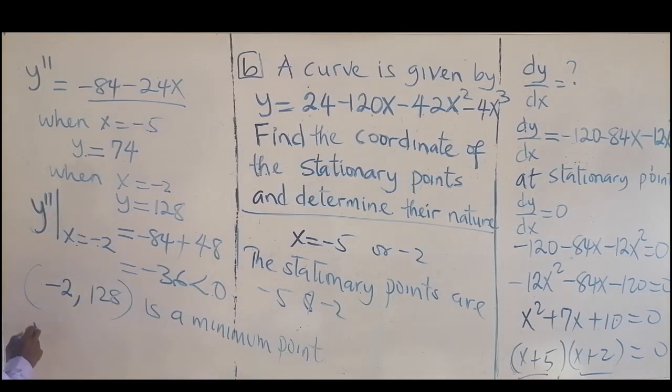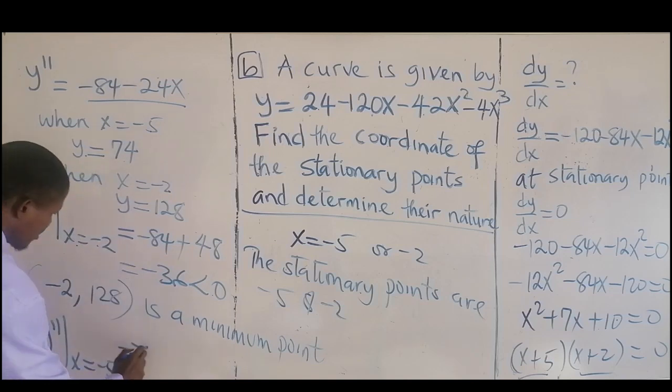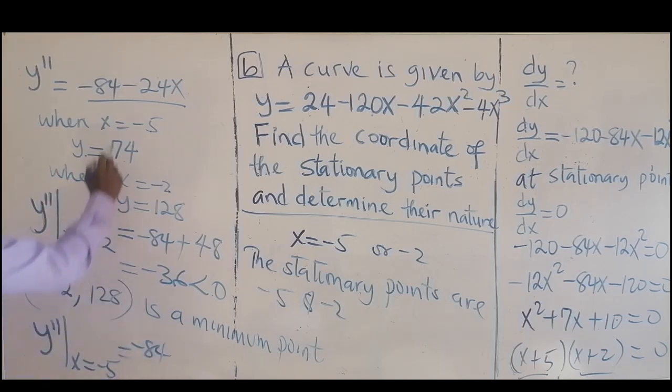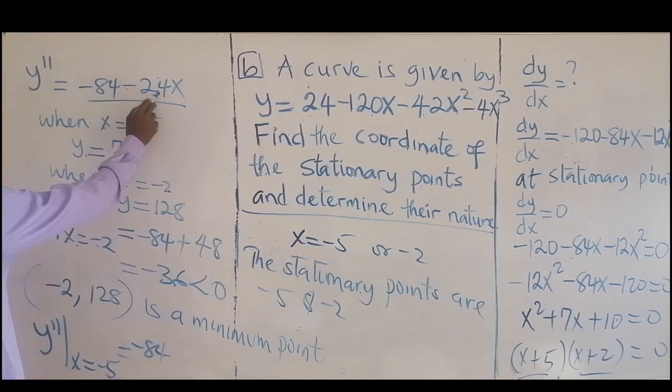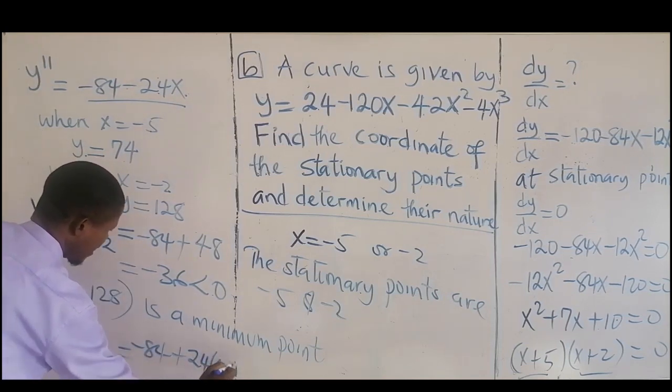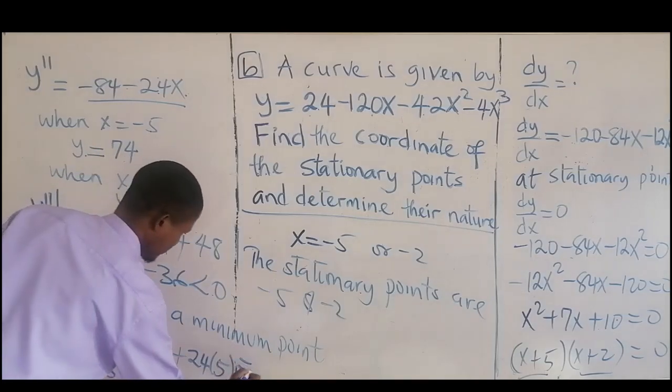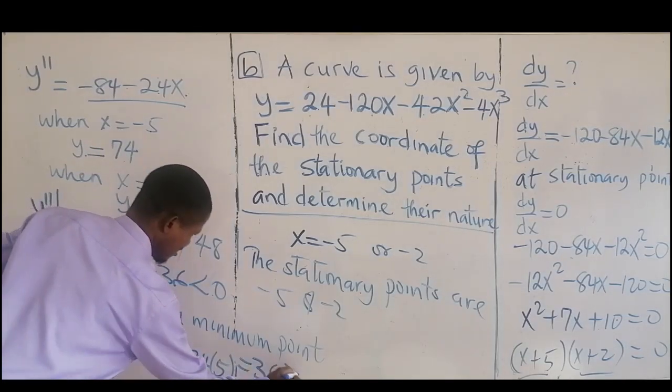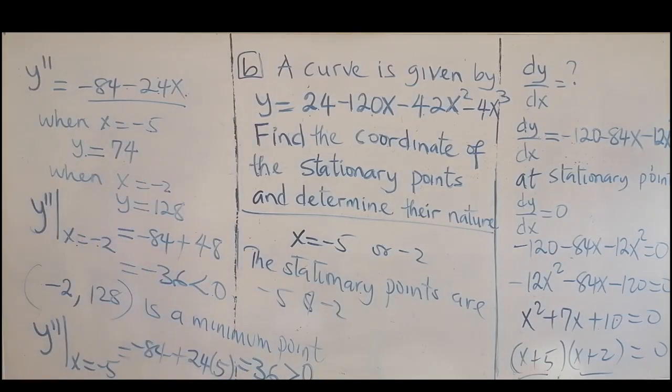Then also, the second differential at x equal to minus 5. Let's do that also. That will be equal to minus 24 times minus 5. That's a plus 24 times 5. This will give you positive. That's 36, which is greater than 0.